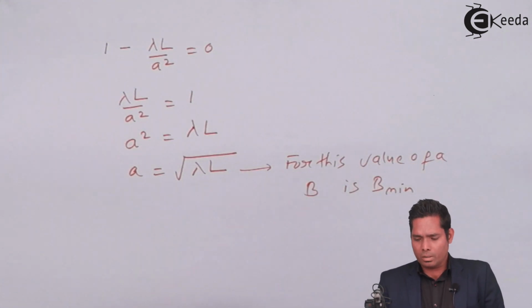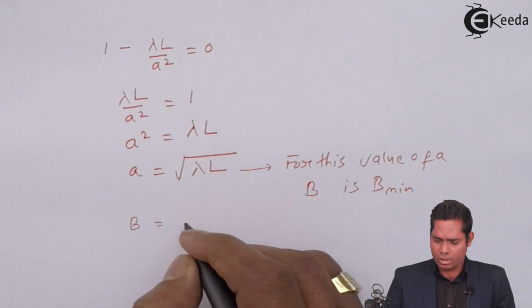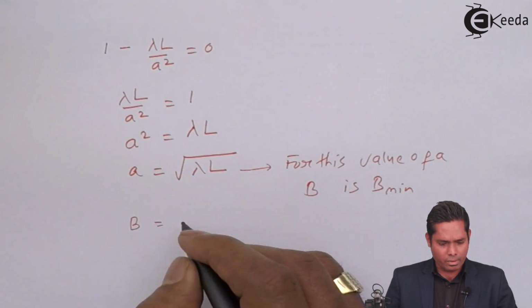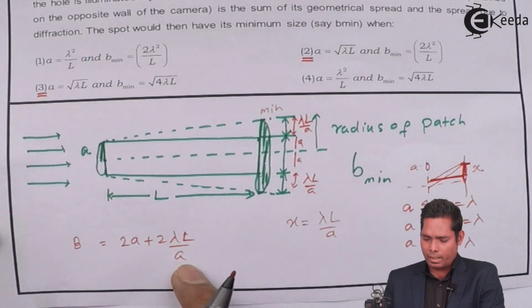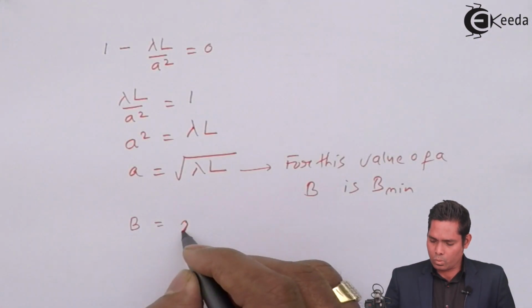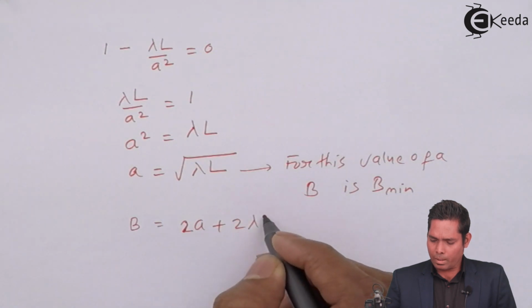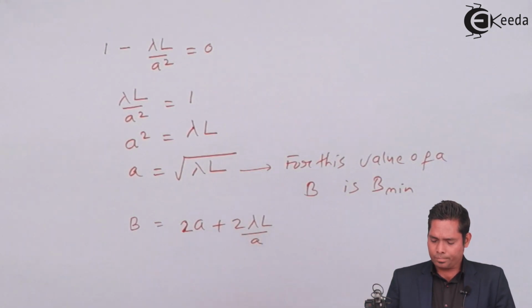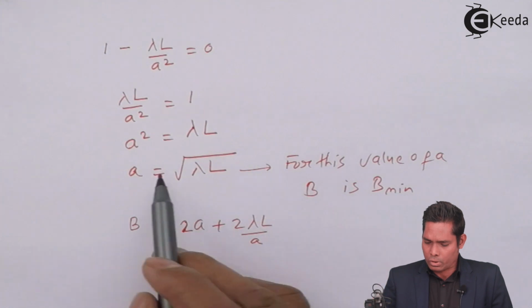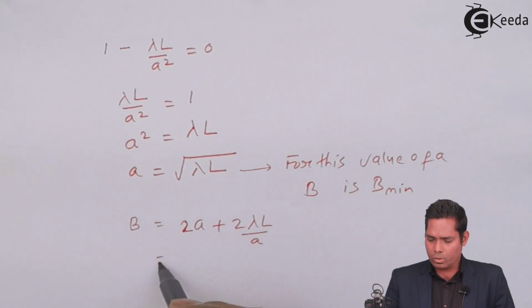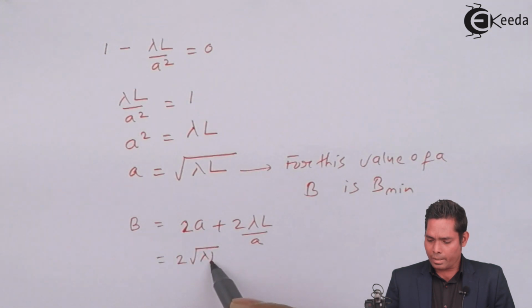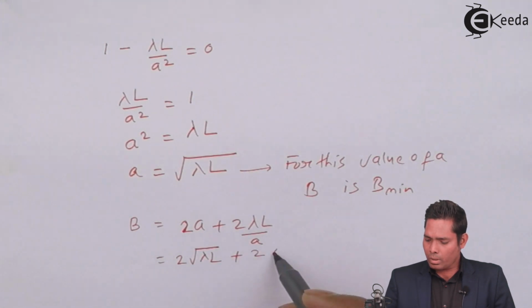In the B equation that we have, the B equation is 2A plus 2 lambda L by A. We substitute this root of lambda L over here, and we get 2 under root of lambda L plus 2 lambda L divided by under root of lambda L.